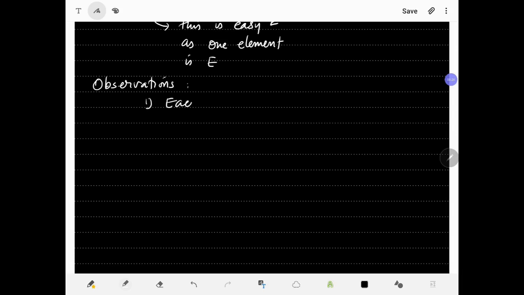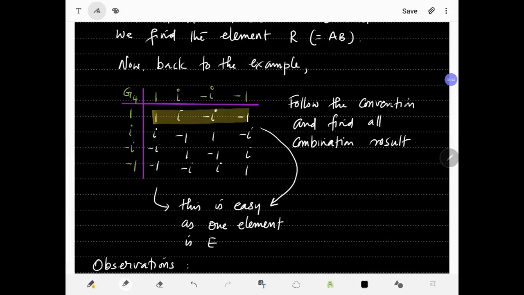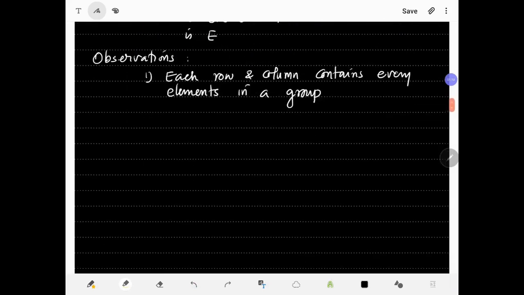The first observation you make is that each row and each column contains every element in the group. If you see the table, you see that if you take any row or any column, every element is present in every row or column. Now, what is the second observation? No two rows or columns are identical in the distribution of elements.